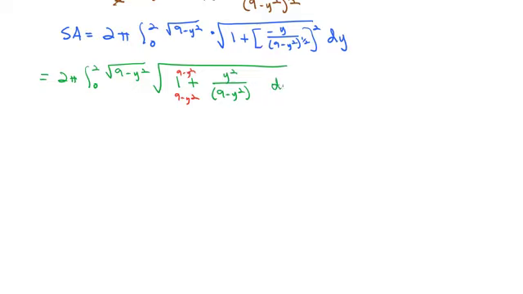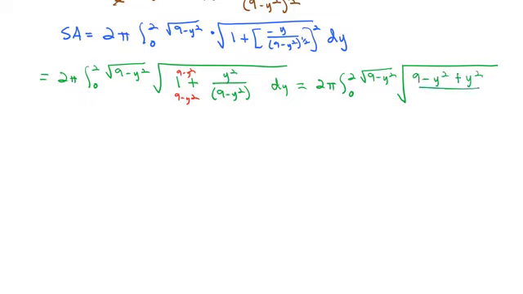Oops, I forgot the dy. So now that's equal to 2 pi times the integral from 0 to 2 of the square root of 9 minus y squared times the square root of 9 minus y squared plus y squared over our common denominator of 9 minus y squared dy.